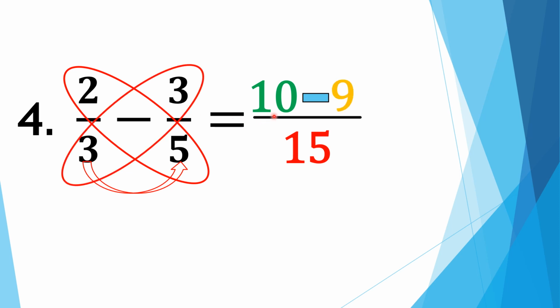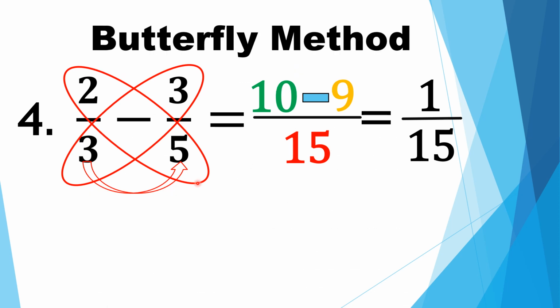Then subtract 10 minus 9 is equal to 1. Then copy the denominator 15. 2/3 minus 3/5 is equal to 1 over 15. Look at this figure. It looks like a butterfly. So the method we are using for adding and subtracting dissimilar fractions is the butterfly method.